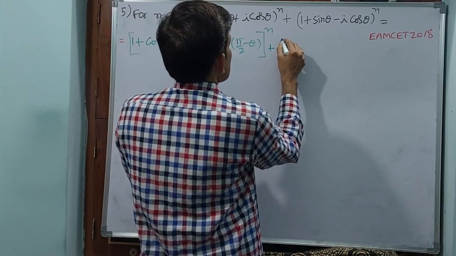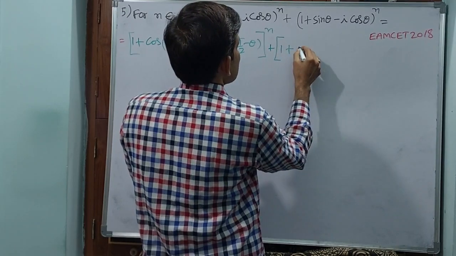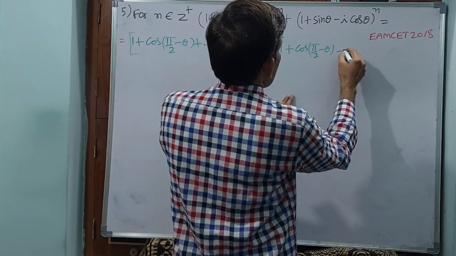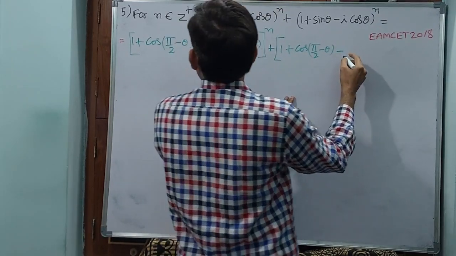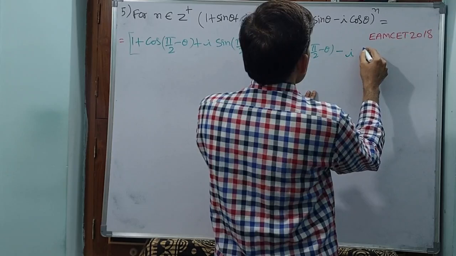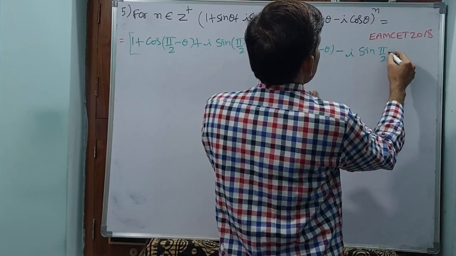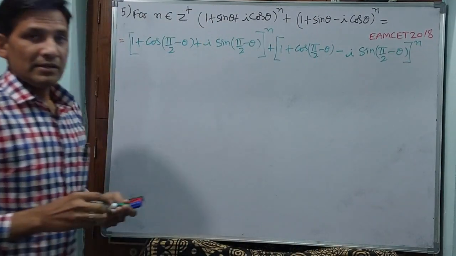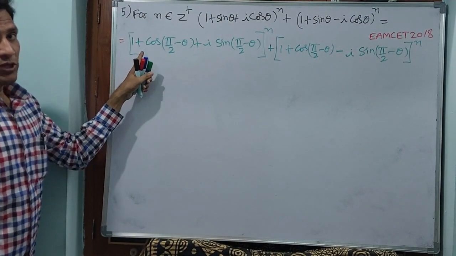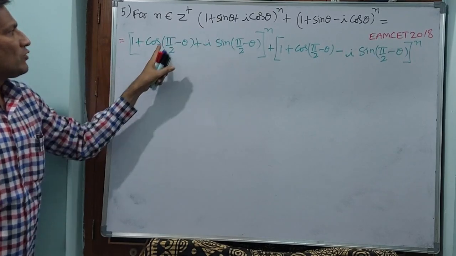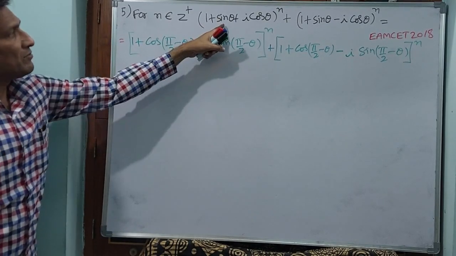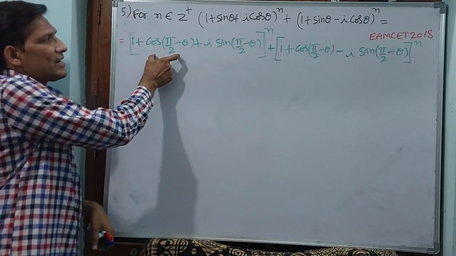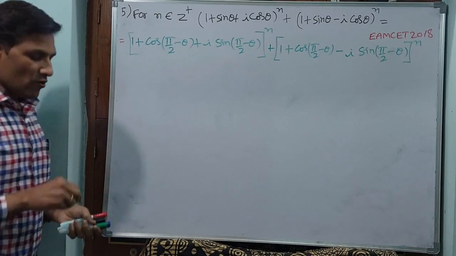Plus, again, (1 plus cos(90 minus theta) minus i sin(90 minus theta)) whole to the power of n. You understand this? One is like this only, don't forget, but the sin only has changed. Cos(90 minus theta) again becomes sin theta, sin(90 minus theta) again becomes cos theta. But you require cos in this area and sin in this area. That is why I have written like this.